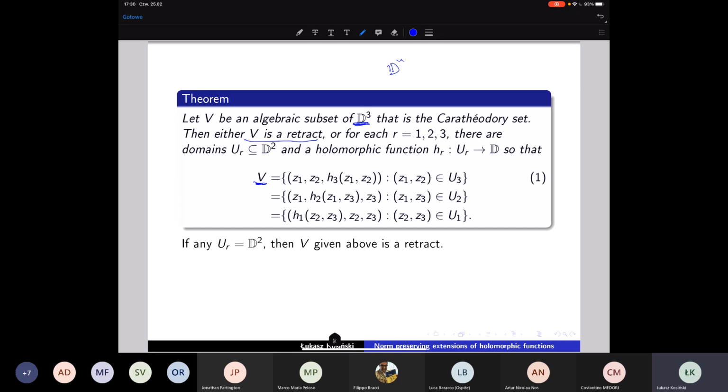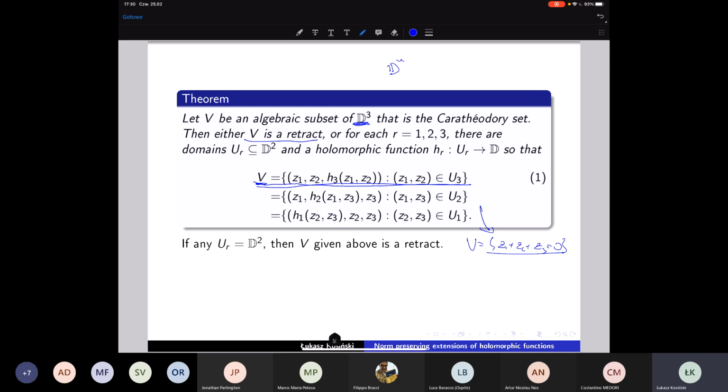So this is a function, and we can show that this can be done for any choice of coordinates. An example of such a variety would be z1 plus z2 plus z3 equal to 0. This means actually that V is smooth and is singly sheeted in each direction.